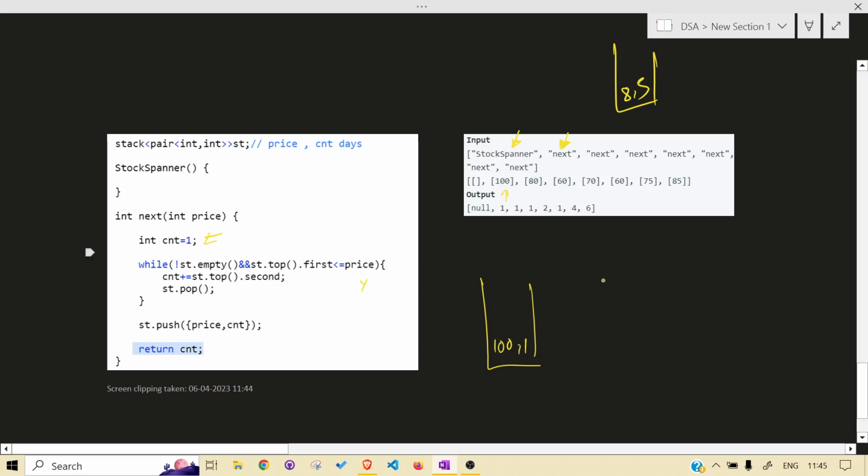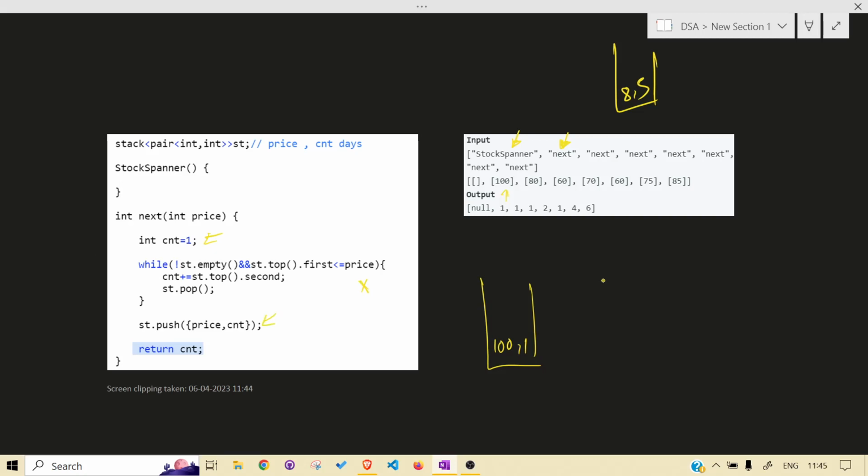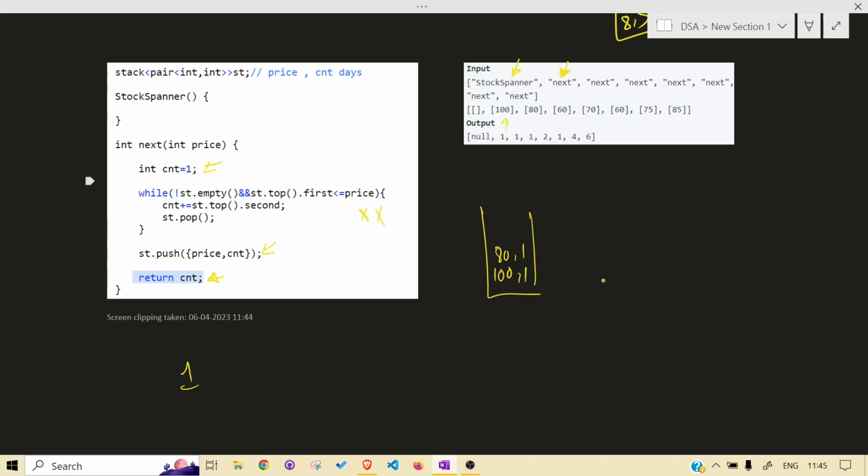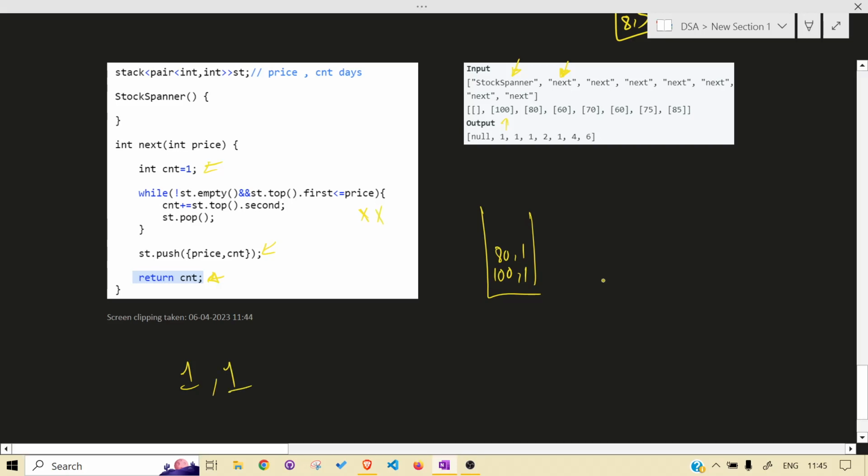This loop will not be executed, and we just insert 100. And we return 1 because we have to return simultaneously. Again 80 appears, 80 is not greater than this, so again the loop will not execute, and we return 1.